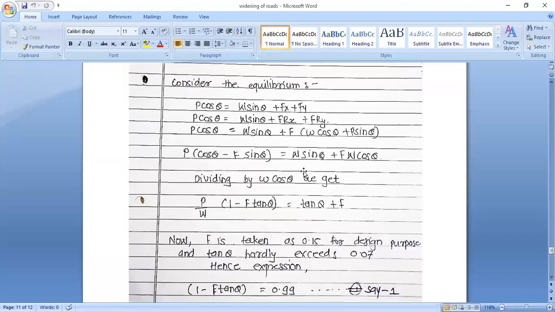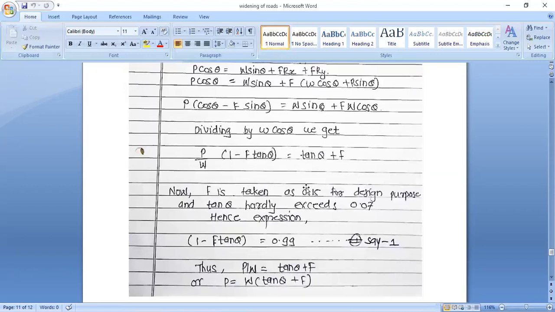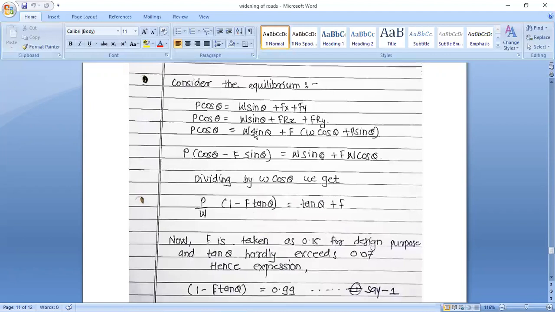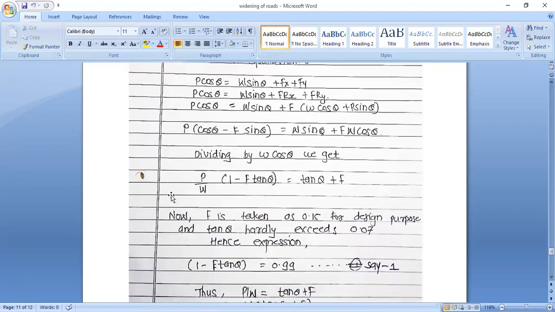The W gets cancelled, and sin theta divided by cos theta is tan theta. Then F W cos theta divided by W cos theta, the W cos theta gets cancelled and F is remaining. The equation becomes P divided by W in bracket 1 minus F tan theta is equal to tan theta plus F. Hope you all get this equation. Try to solve this equation for better understanding.